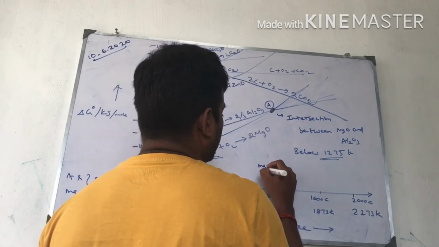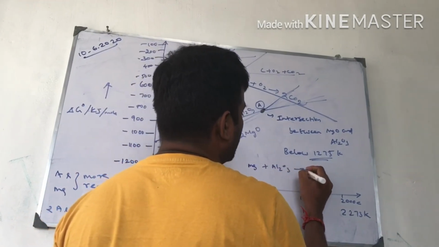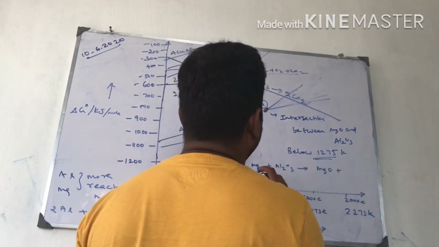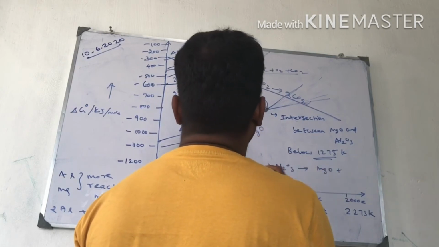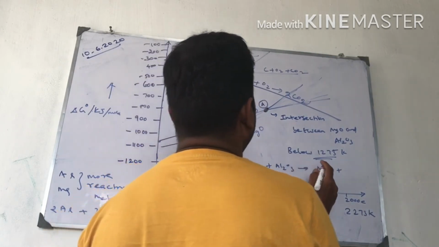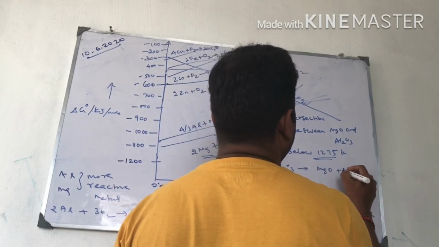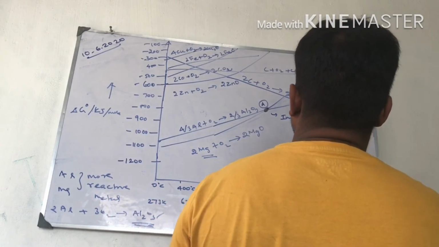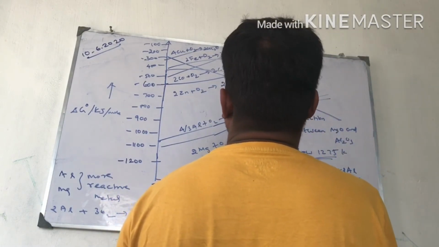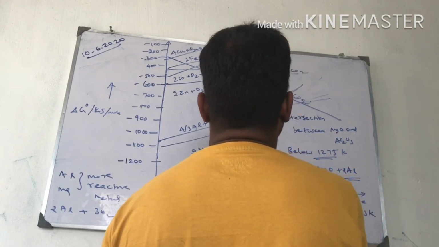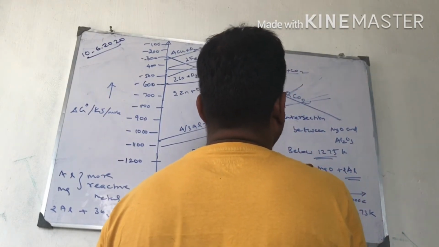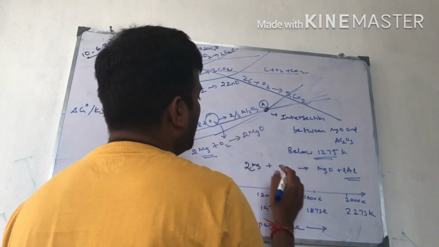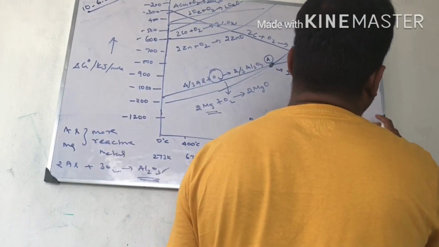Magnesium reacts with Al2O3 to give MgO plus Al: 2 Mg plus O2 gives 2 MgO, and the aluminum gets reduced. Magnesium removes the oxygen from the aluminum part, forms magnesium oxide, and aluminum is reduced.